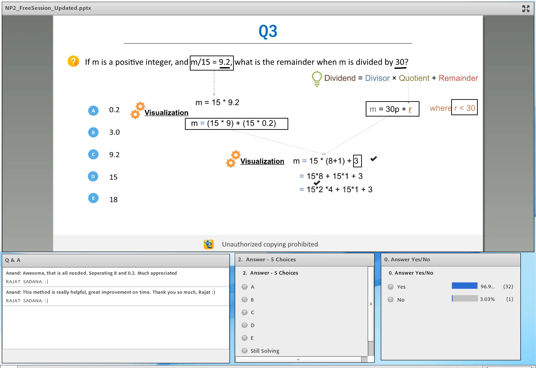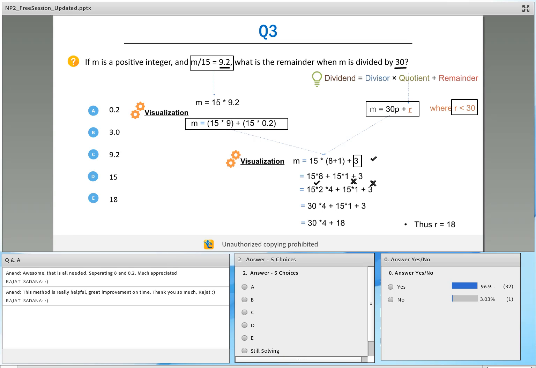We know this term is divisible by 30 and these two terms are not, 15 times 1 and 15 times 3. And so the remainder that you get is 18. And Avika, yes, you're absolutely right. You can combine 1 and 0.2 together, and then you get the same answer. But yes, you'll be using the same method. So the correct answer is choice E, which 65% of you got correct.